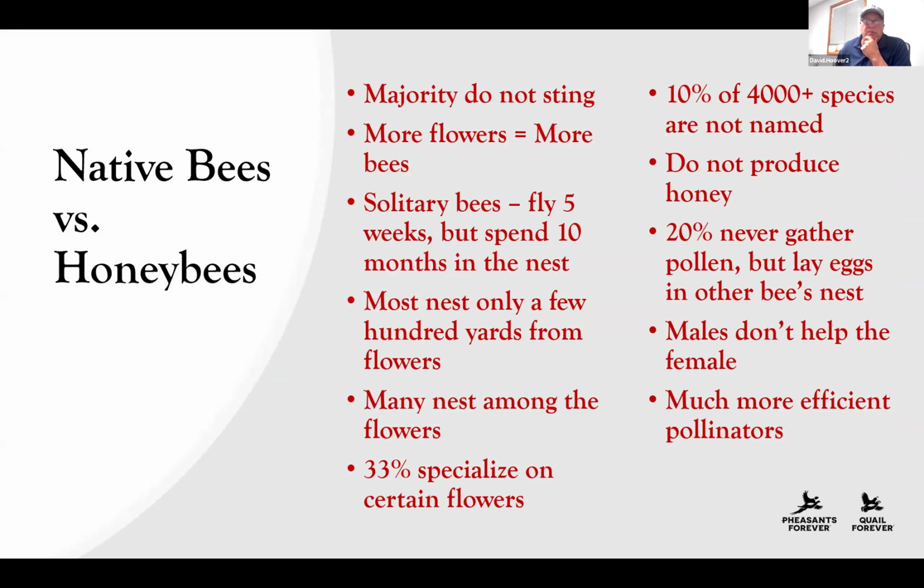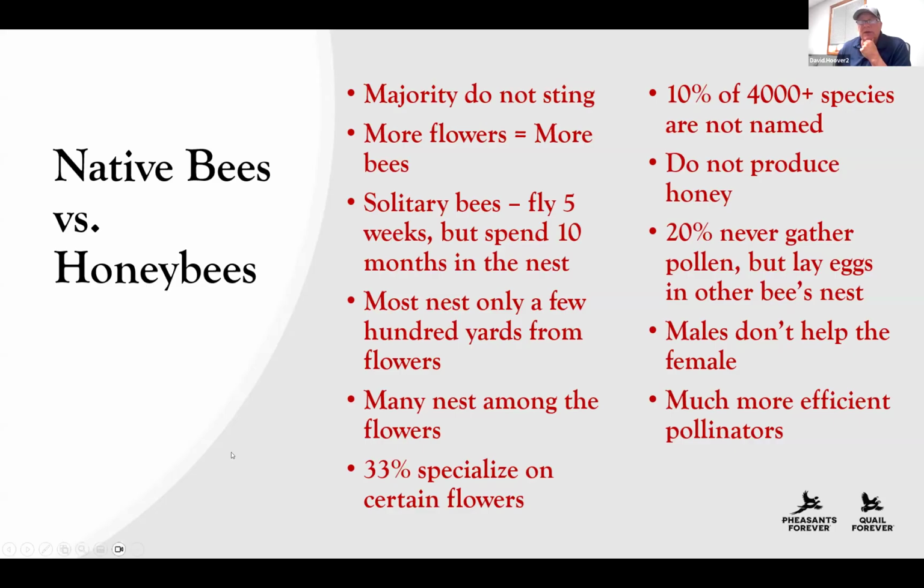With native bees, more flowers equals more bees, and I mean more bee species, because about a third of our species specialize on just a few flowers. So if those flowers aren't there, those bees won't be there.